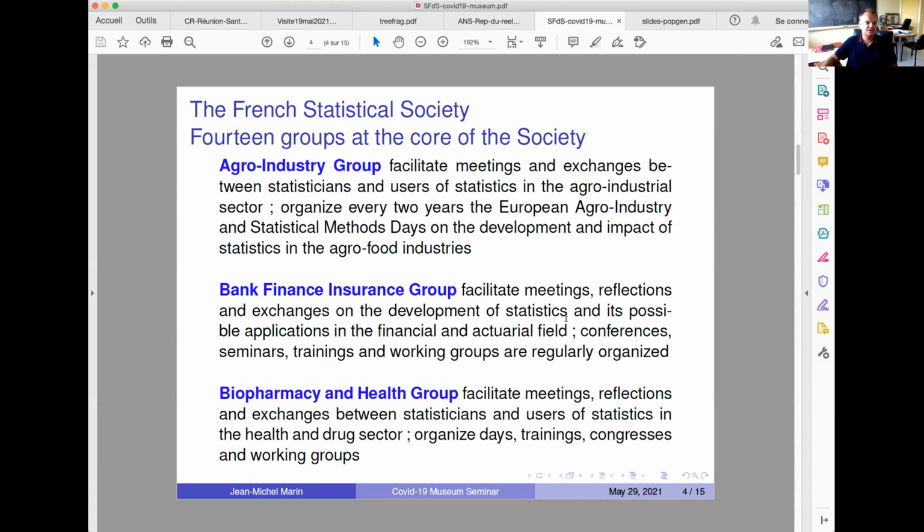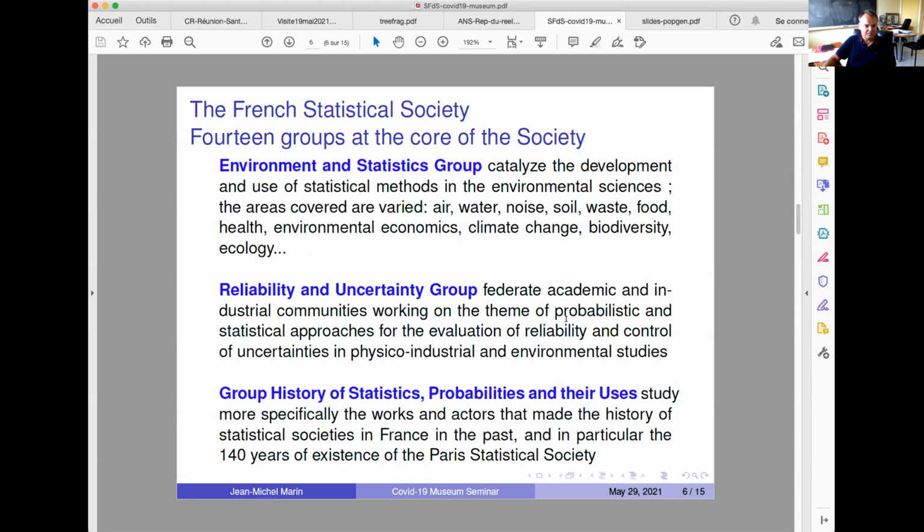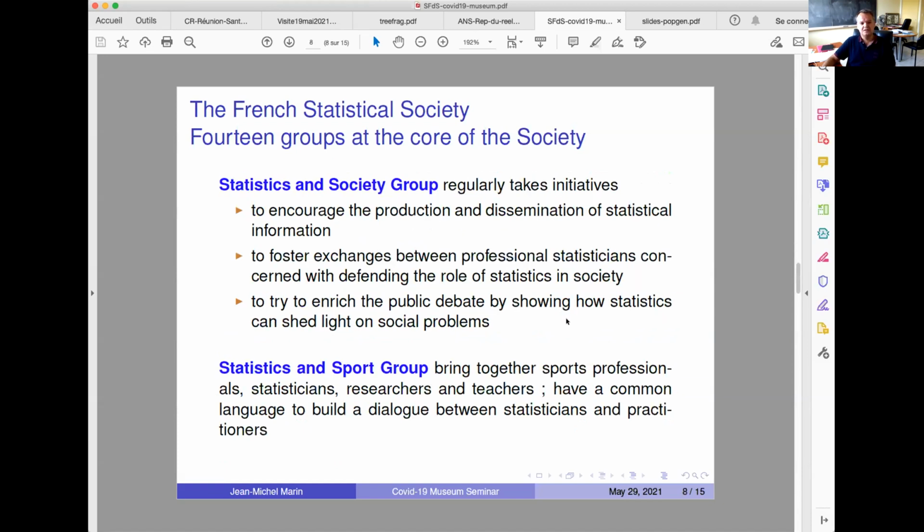You have, for instance, an agro-industry group, a bank finance insurance group, a biopharmacy and health group, a chemometrics group, a survey model application group, a teaching statistics group, an environment and statistics group, reliability and uncertainty groups, a group on history of statistics, probability and their use, a youth statisticians group, a machine learning and artificial intelligence group, a mathematical statistics group, and a statistics and society group.